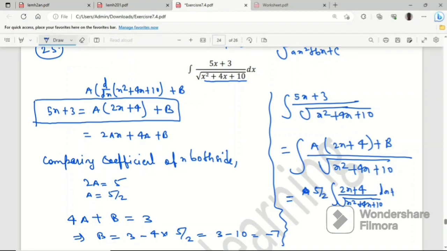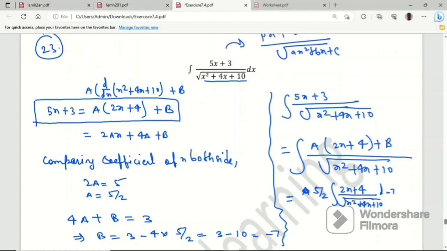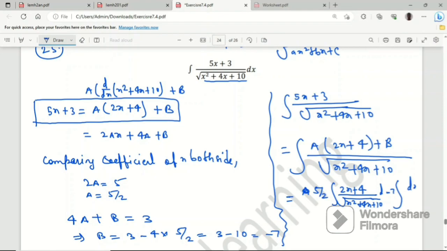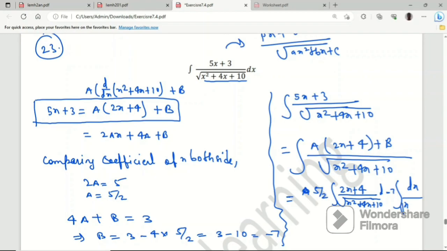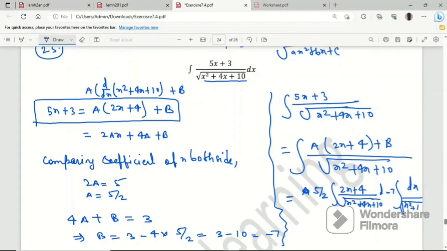So I'm just sending the constant outside. So it will be minus 7 integration dx by under root (x square plus 4x plus 10).